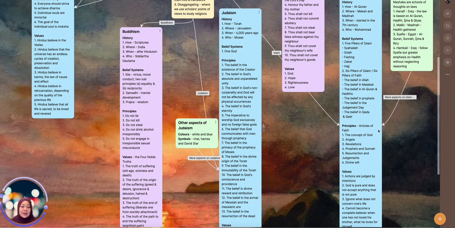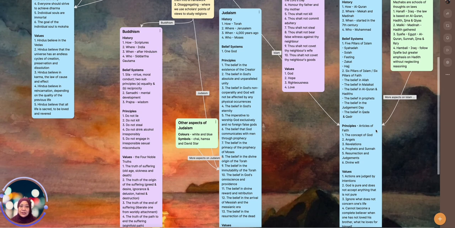So the first one, the concept of God. The fact that all Muslims cannot see God. So how do you actually manifest? How do you show that you understand or you accept God? Next, angels, the concept of angels or malaikat.